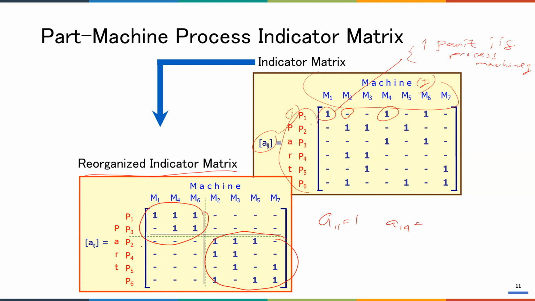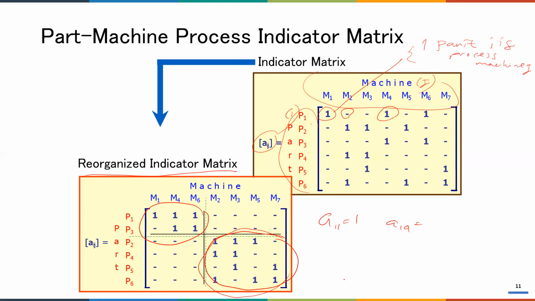And for part 4, part 2, part 5, and part 6, they share one or two machines. For example, machine 2 is being used for part 2, part 4, and part 6, and machine 3 is being used for part 2, part 4, and part 5. Because they overlap, the decision maker decided to put them into the same cell.